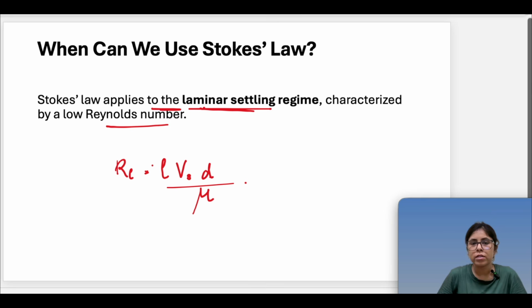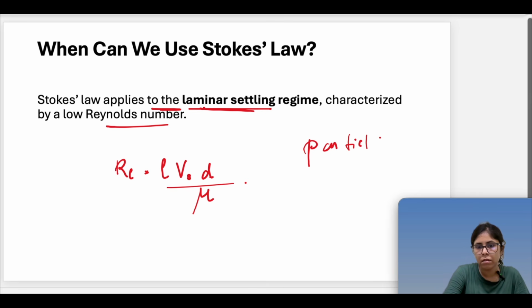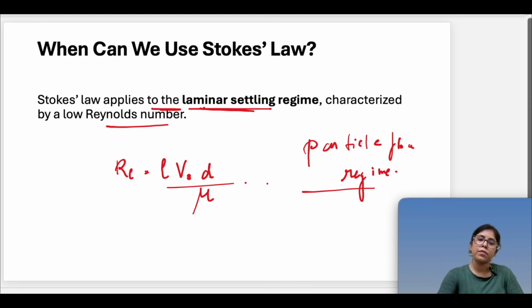According to the Reynolds number, I will see if it is following the laminar settling regime or not. Only if it is following the laminar settling regime will Stokes law be valid, and that will be known by the Reynolds number, rho v s into d upon mu.